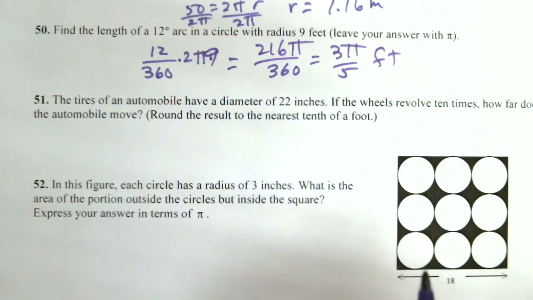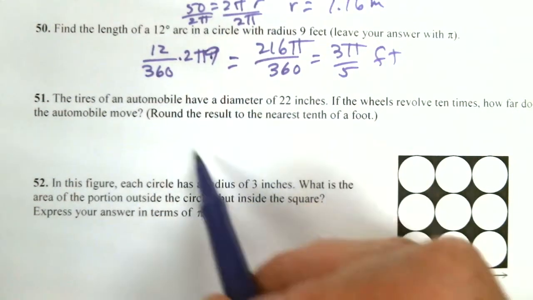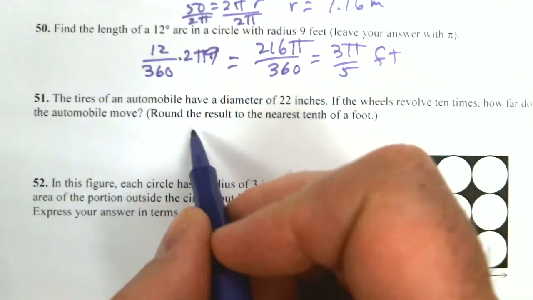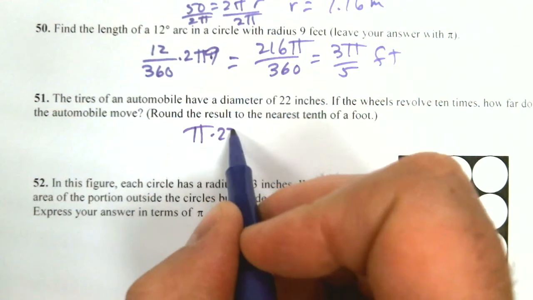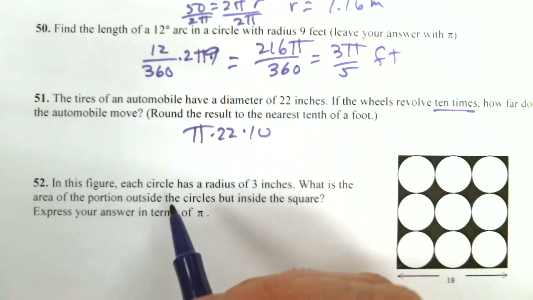In 51, the tires of an automobile have a diameter of 22 inches. If the wheels revolve 10 times, how far does the car move? Well, we know that a circumference is the distance that a tire would move in one revolution, so I'm going to take the circumference, pi times diameter, and if it goes around 10 times, I'm going to multiply that by 10.